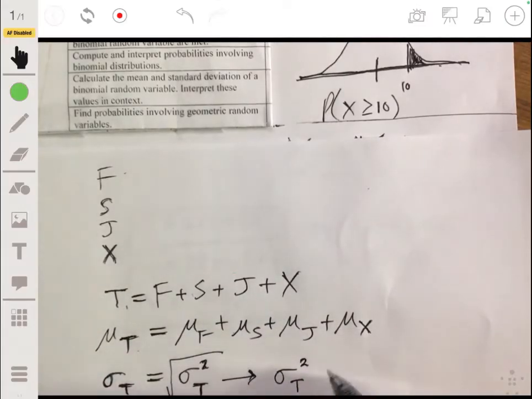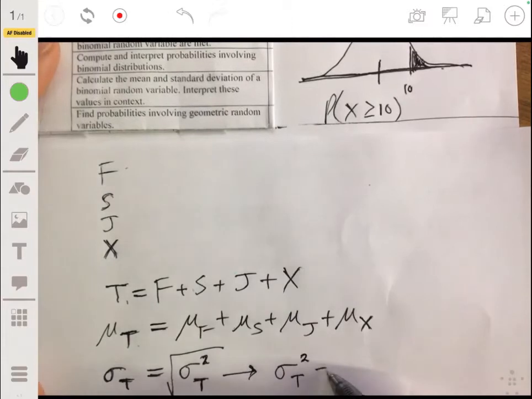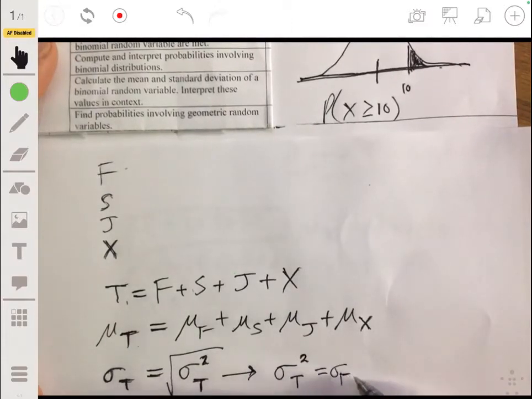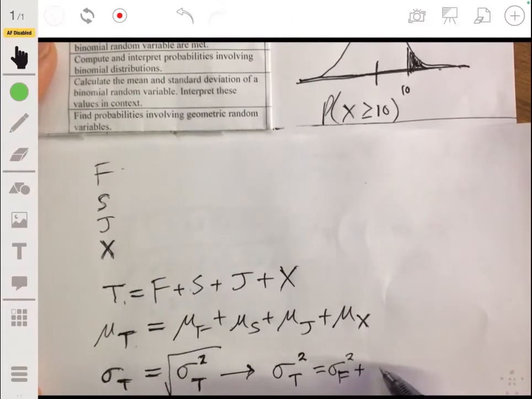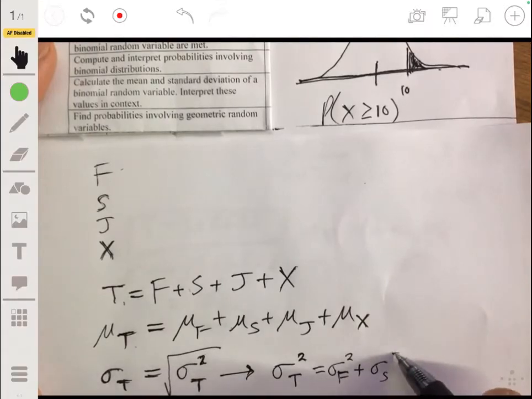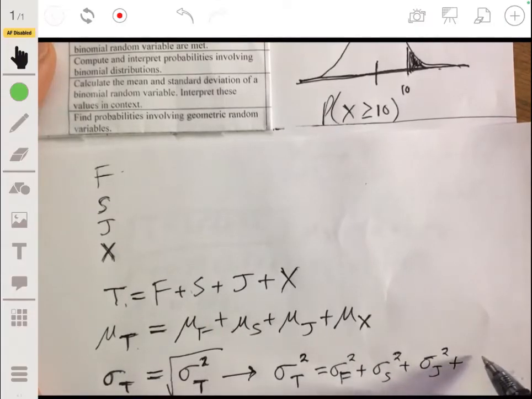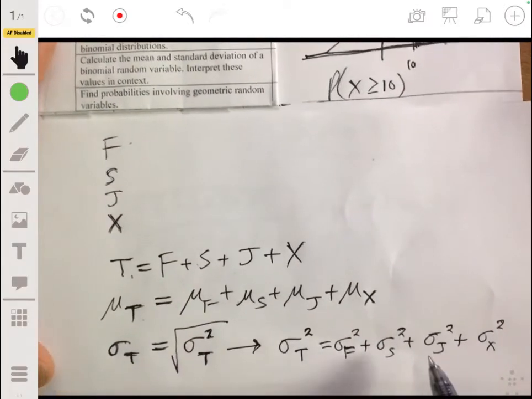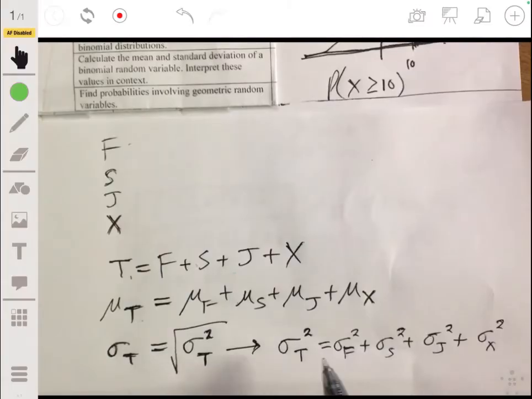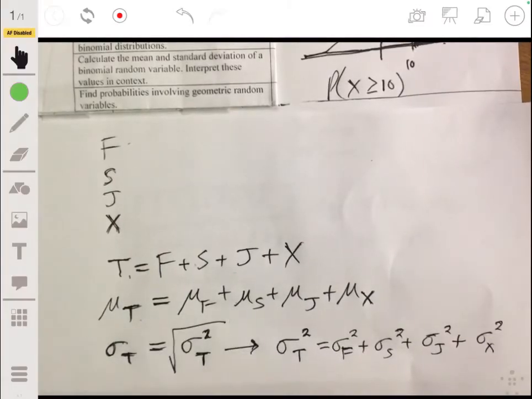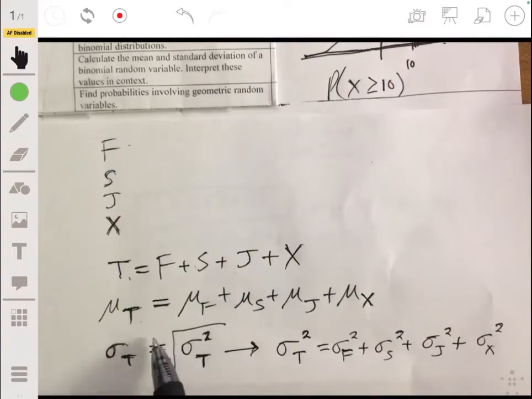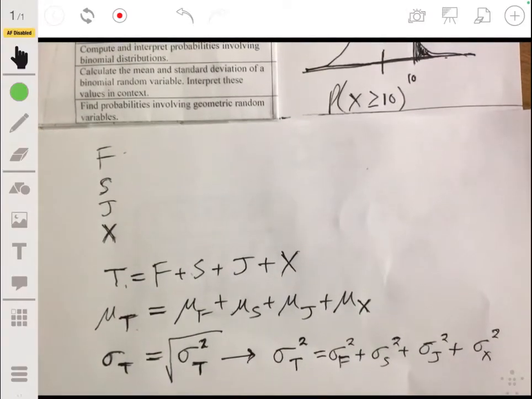The variance of T will be equal to the variance of F plus the variance of S plus the variance of J plus the variance of X. So we find the variances. Once you find the variances, you add them all up, then you take the square root of this total, and then you'll have the standard deviation and the mean of T, and then you can do your calculations with those two numbers.